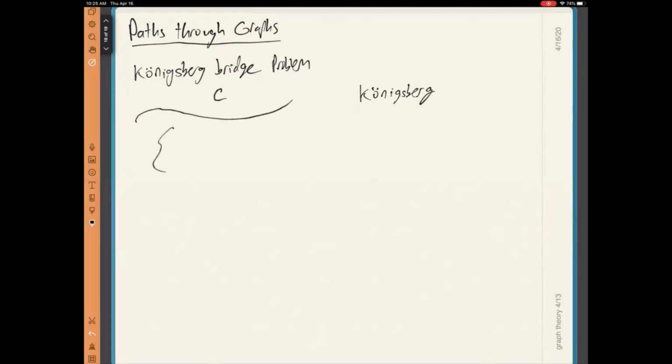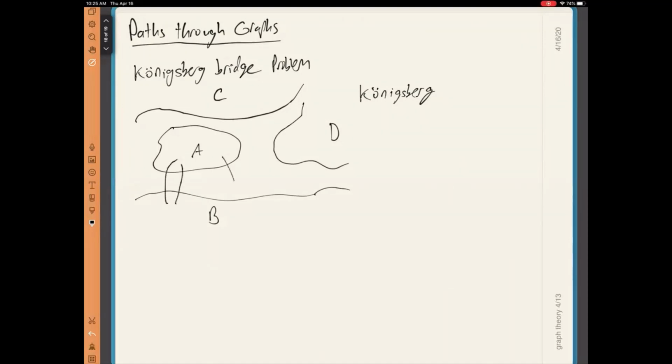So there's a little island in the middle of the town. Right, so C and B are maybe some river, and some island A, river between points C and B, and some island A in between, and then maybe some peninsula, which I'll call D. Right. And so you want to imagine that the space in between B, A, C, and D is all water, right? And so you have a few bridges that are connecting the different land points.